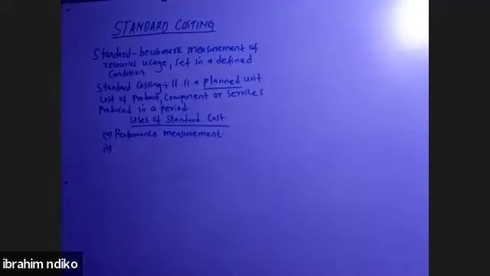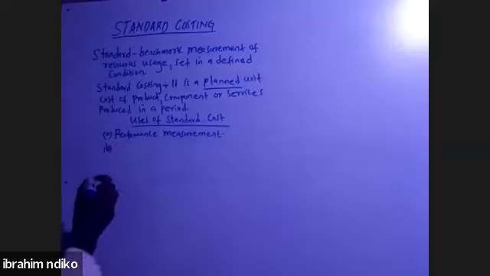So you compare actual with the predetermined cost. When actual is better than the predetermined, then we can say the performance is good. But when the actual has deviated from the expected in a negative way, then you can call it poor performance.